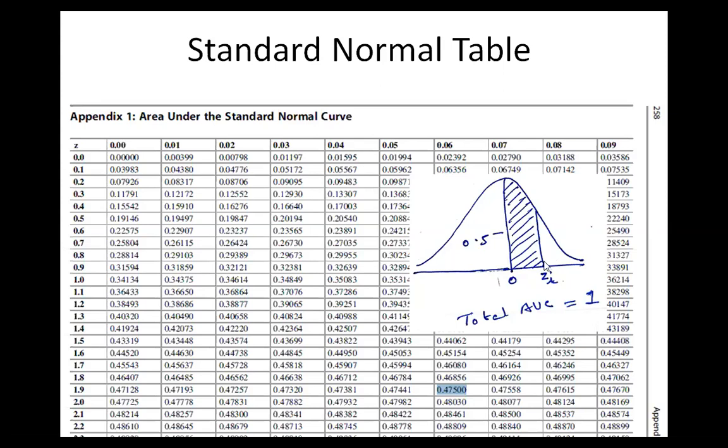In this text, the area under the curve is on the left side of Z value. Sometimes in other textbooks, it is on the right side of Z score. And we are actually interested in the area which is on the right side of Z score. It will be clear in a few minutes, when I show you an example on numericals related to this Z score.